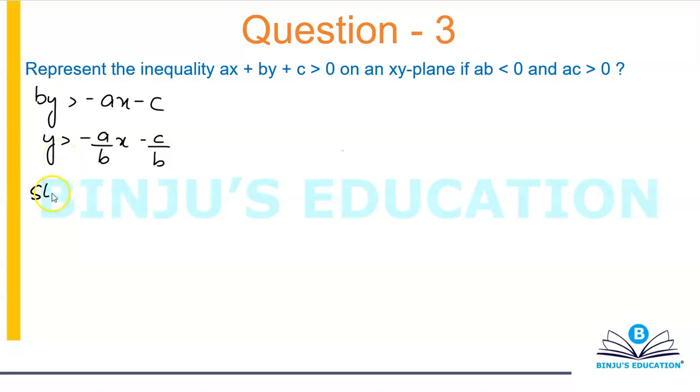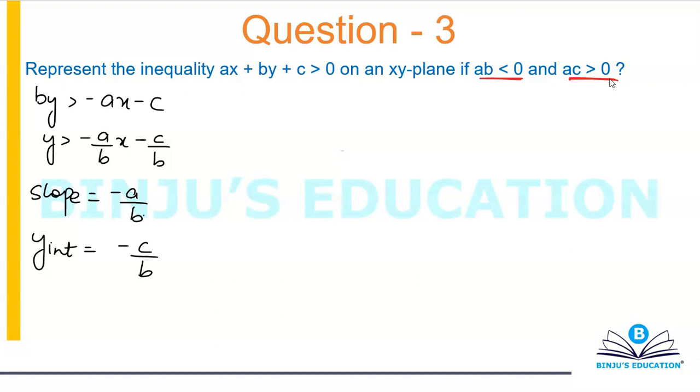So you have a slope of minus a by b and an intercept of minus c by b. Now according to the signs of a, b and c, you're going to come to know whether the slope is positive or negative, or whether the intercept is positive or negative. Now there are two inequalities involved, ab less than 0 and ac greater than 0. I'll have to solve both of them.